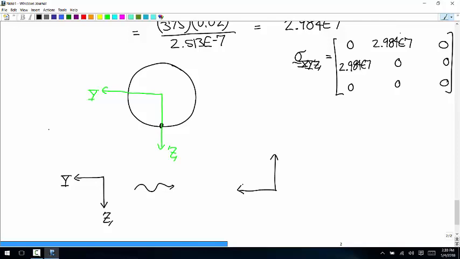Since the only other element we have is the XX normal stress, we could just do it all in this coordinate system, skip the rotation matrix, and everything would come out the same. Our maximum shear would come out the same. The only time you need to do this is when you're adding shear elements in one coordinate system to shear elements in another coordinate system. You can't add like elements if it's not the same coordinate system.